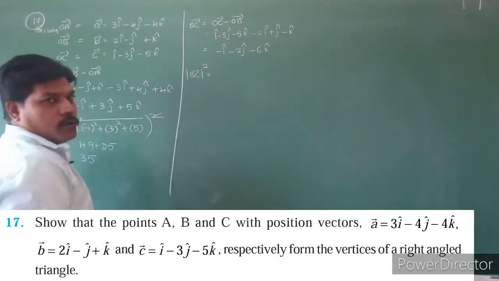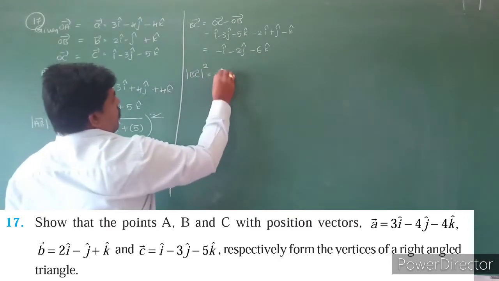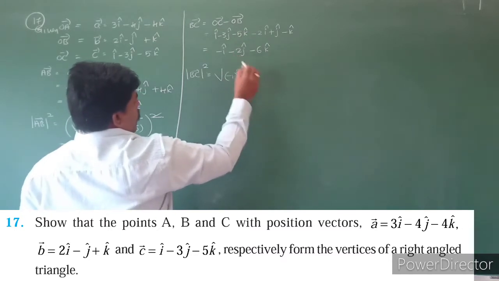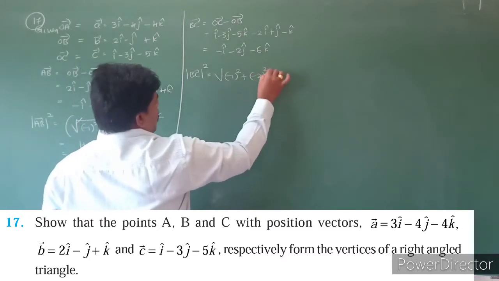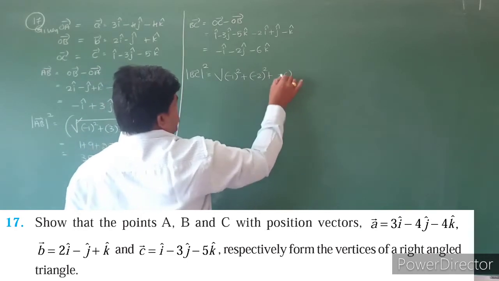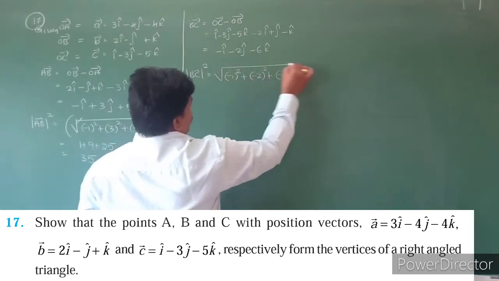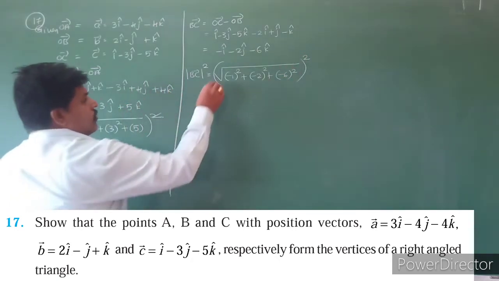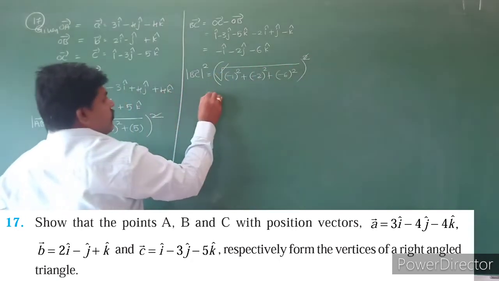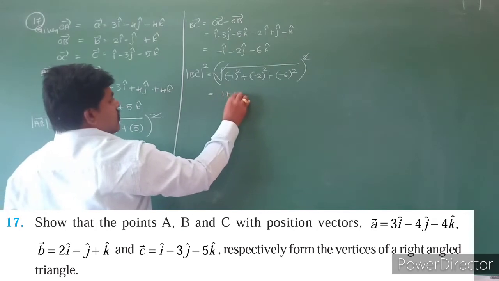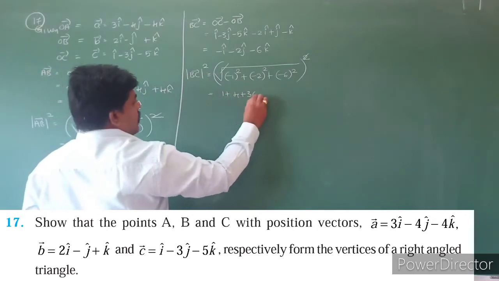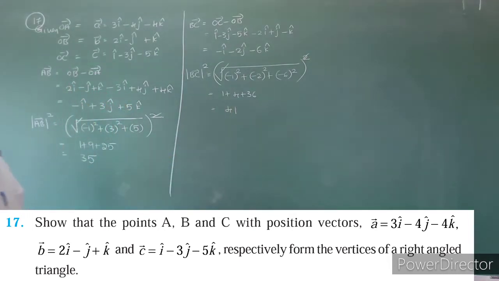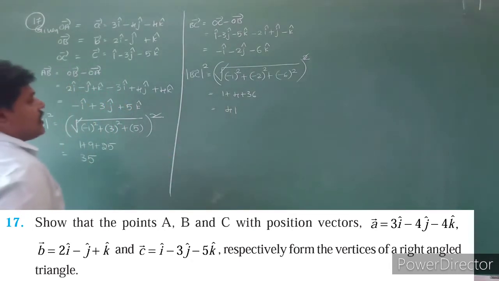That is square root of (-1) whole square plus (-2) whole square plus (-6) whole square, the whole square. So the square and the root will be cancelled. You will get 1 plus 4 plus 36, so that is equal to 41. So BC is over.